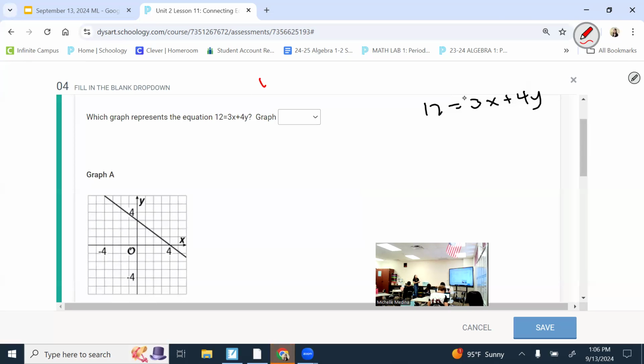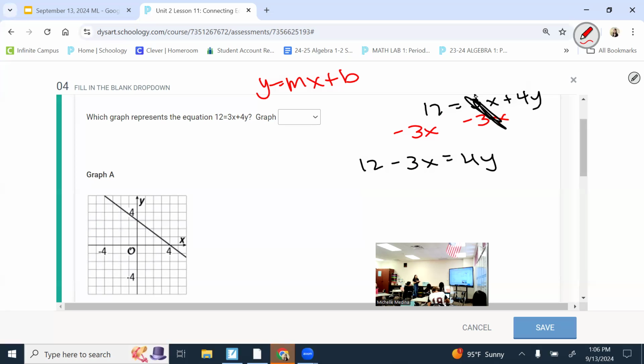But if I want it to be in slope intercept form, what do I need to isolate? What's alone in slope intercept form? The y. That's what I'm going to isolate here. Starting with what's farther from the y, so how do I cancel the 3x? And whatever you do on one side, do on the other. Okay, great. I get 12 minus 3x equals 4y.